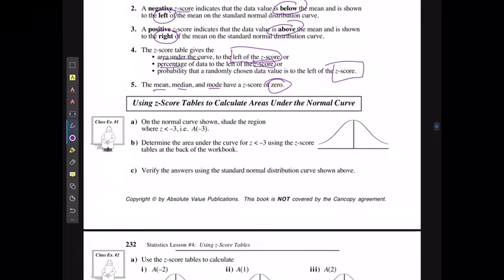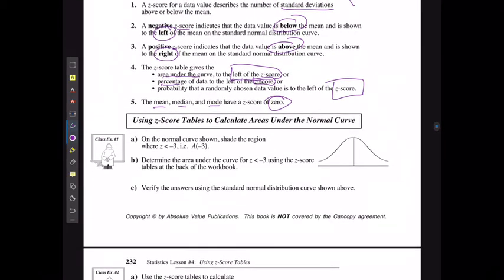So, if we're using a z-score table to calculate the area under a normal curve, say I want to solve for anything less than a z-score of -3, or the area when it is less than -3.